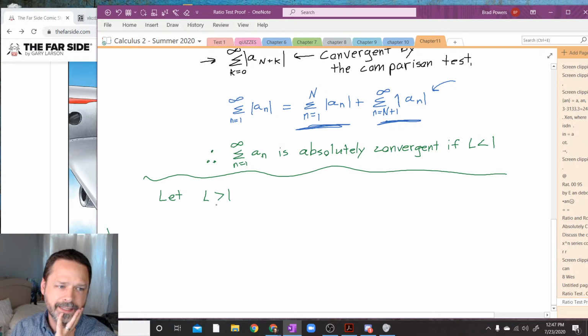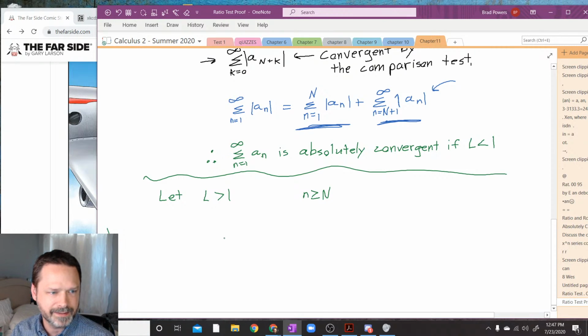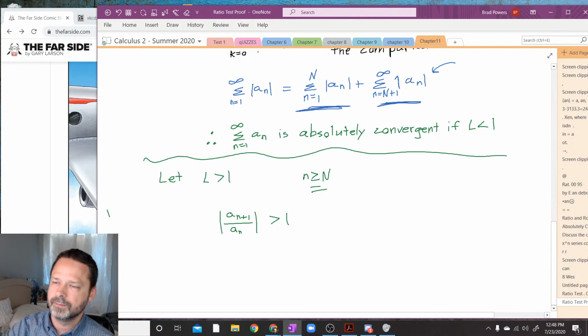In that case, again, let there be an n greater than or equal to some n value, and we're getting close to that limit. So we can make that same assumption, that the absolute value of a sub n plus 1 over a sub n is going to be greater than 1 for some large n's, because that's our limit.